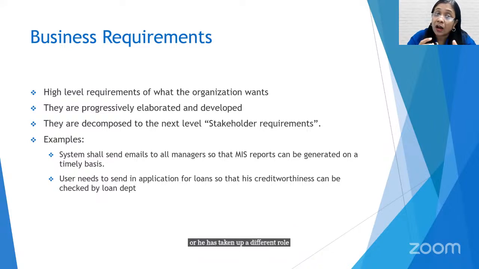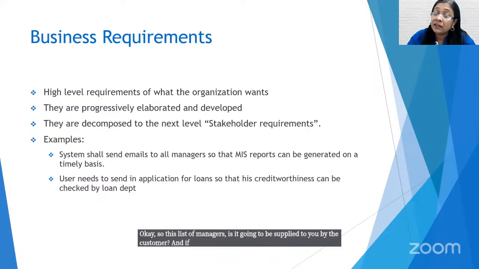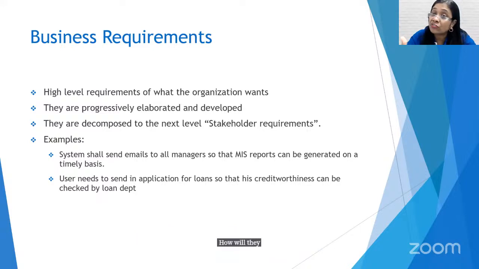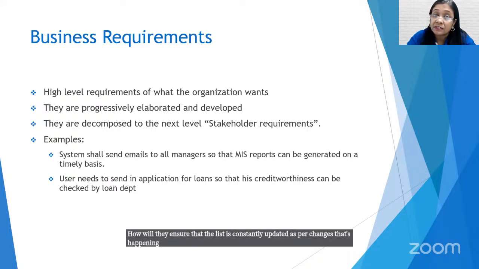How will we look into that particular scenario? So, this list of managers, is it going to be supplied to you by the customer? And if they are going to give you a list, how will they ensure that the list is constantly updated as per changes that are happening on the organization front?